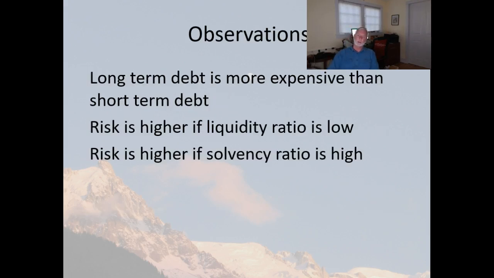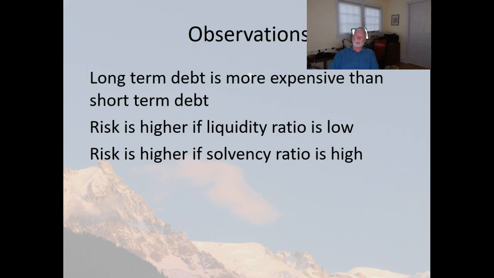So a couple of things you should know. Long-term debt is generally more expensive than short-term debt because long-term debt carries a higher risk for the lender. So whoever lent you the money is going to want a higher return for long-term rather than short-term.